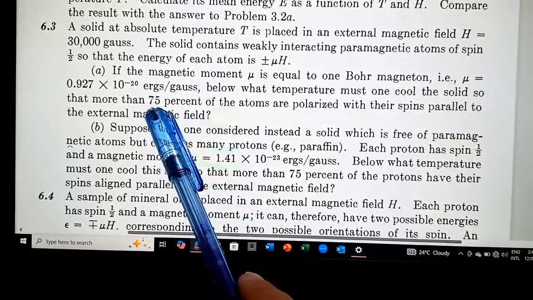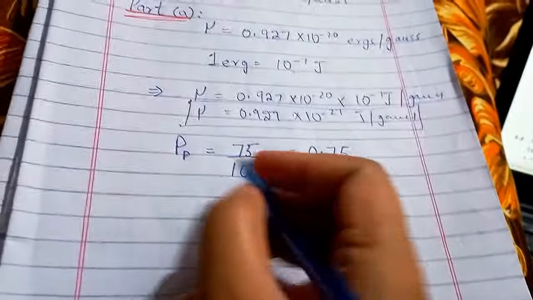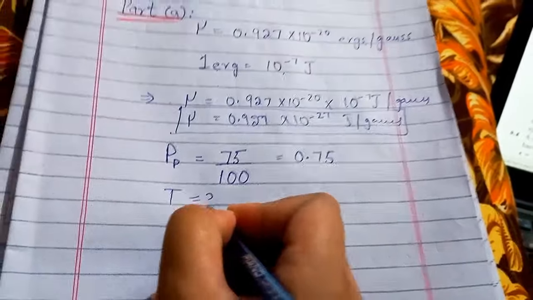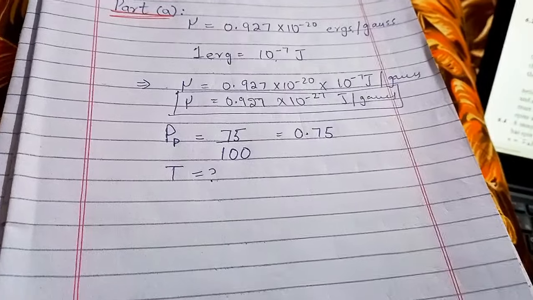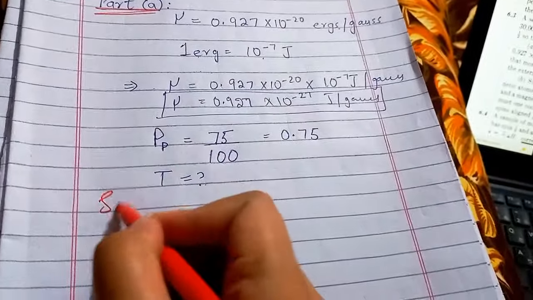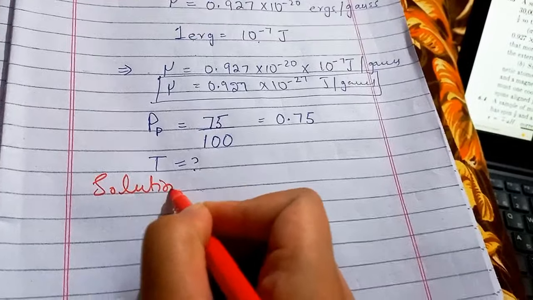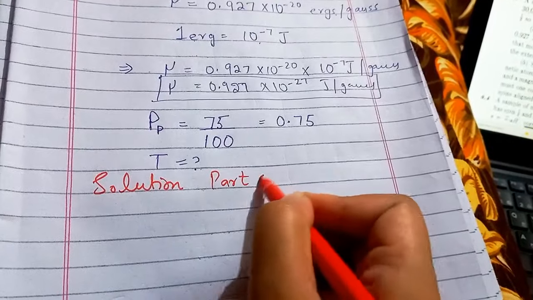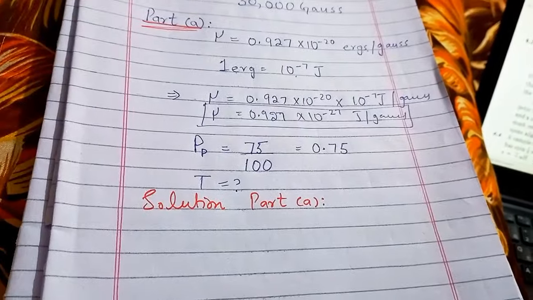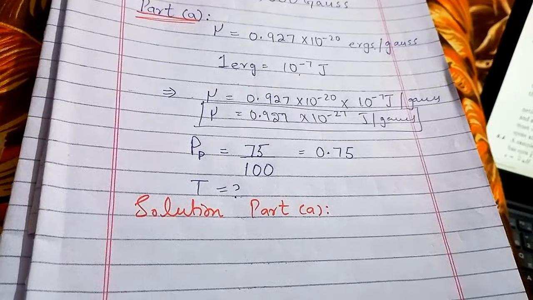Okay, so 75%, and we need to calculate temperature. Now let's do the solution to part A. For that purpose, we need to calculate the probability.